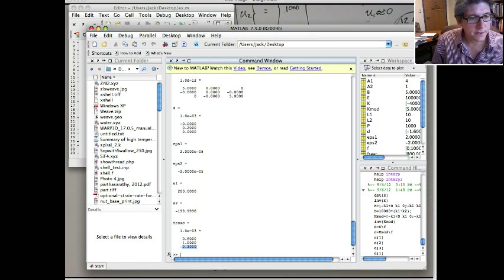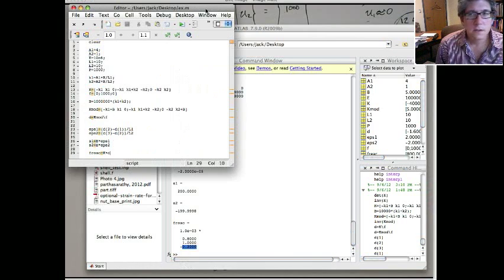And something's a bit odd here because I'm not sure what's going on. Why did that not come out correct? This is P. I want to put P here. They should balance out.